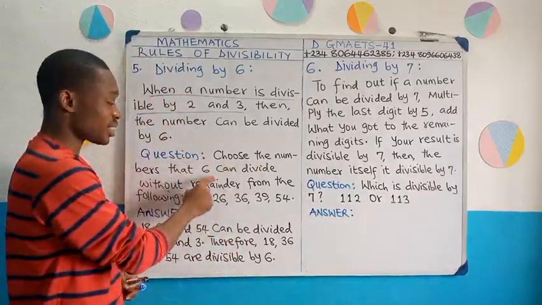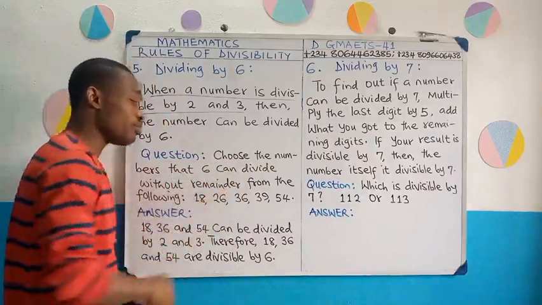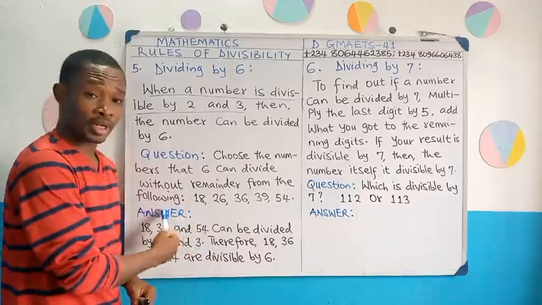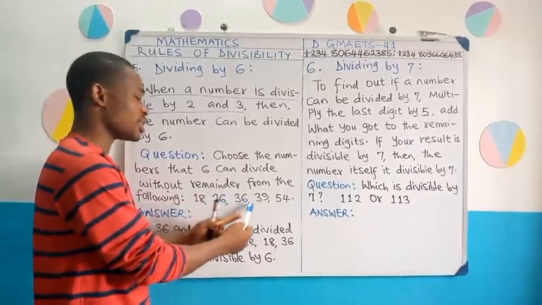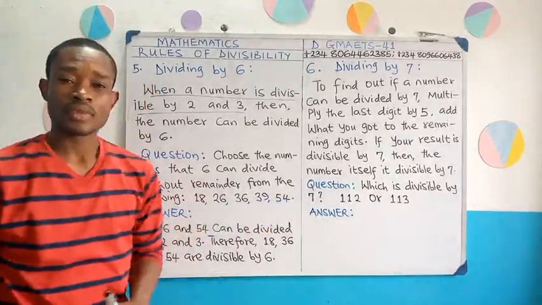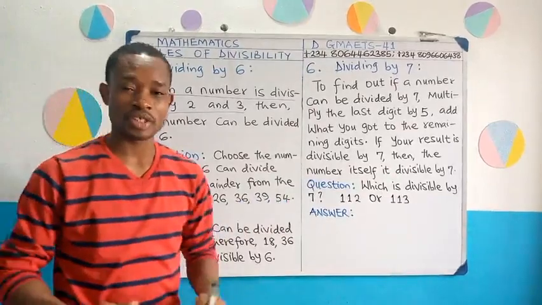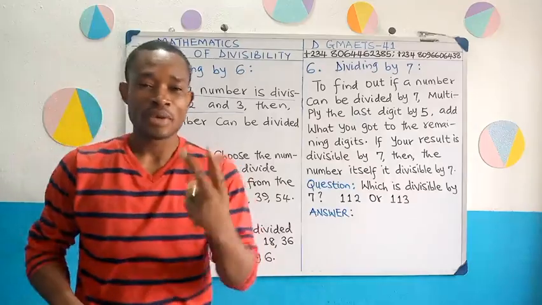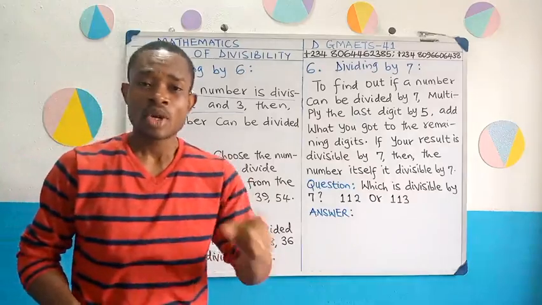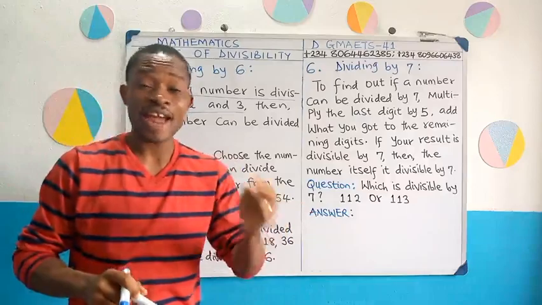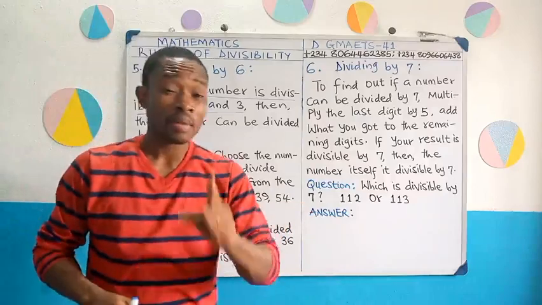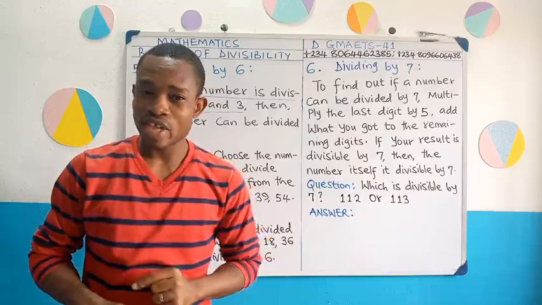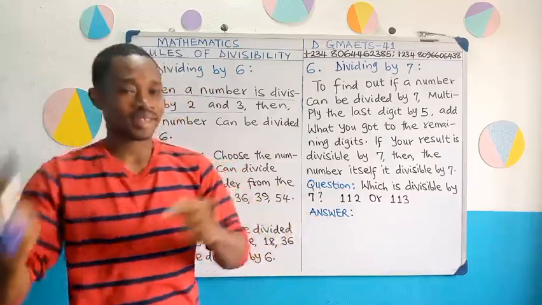Let's look at this question as an example. Choose the numbers that 6 can divide without remainder from the following. So we have 18, 26, 36, 39, 54. Which ones can 6 divide? Remember the rule. For us to know whether 6 can divide a number, we will check if 2 and 3 can divide the number. I did not say if 2 or 3 can divide it.